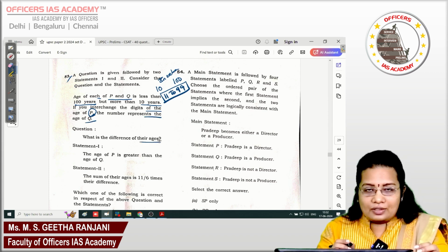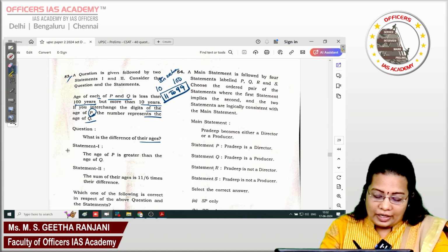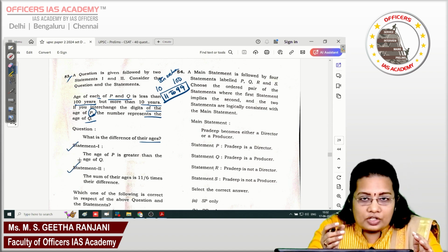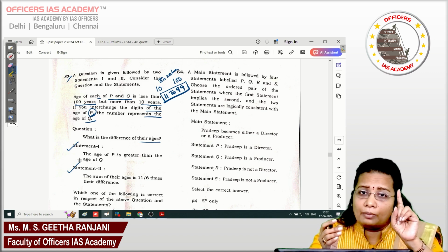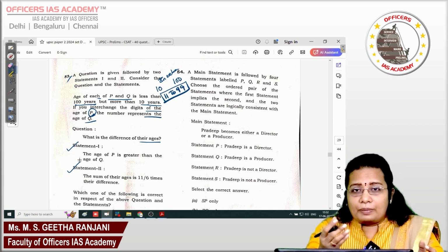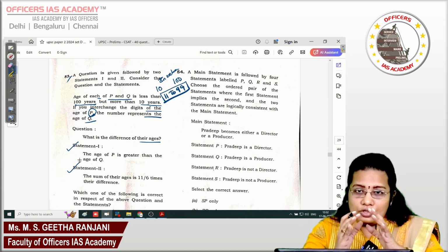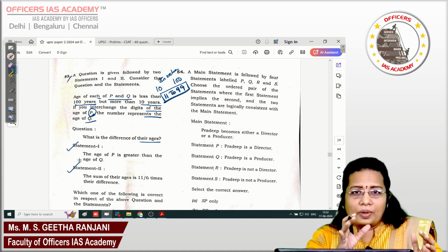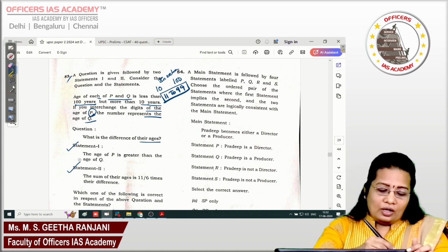So initially some information is given, and some additional information is given in statement 1 and statement 2. As usual, for any data sufficiency question, we want to check statement number 1 individually, later statement 2 individually. If these two are not working, we combine both the statements and check whether it is satisfying or not. Now let's start.